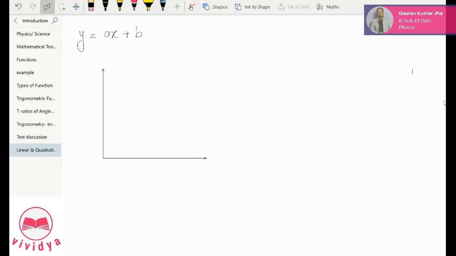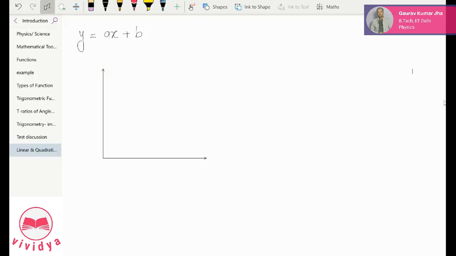y equal to some function of x is a straight line when y is of the form ax plus b. True or false? Means you already know. I want you to know that if y is of the format ax plus b, then the graph will be a straight line.